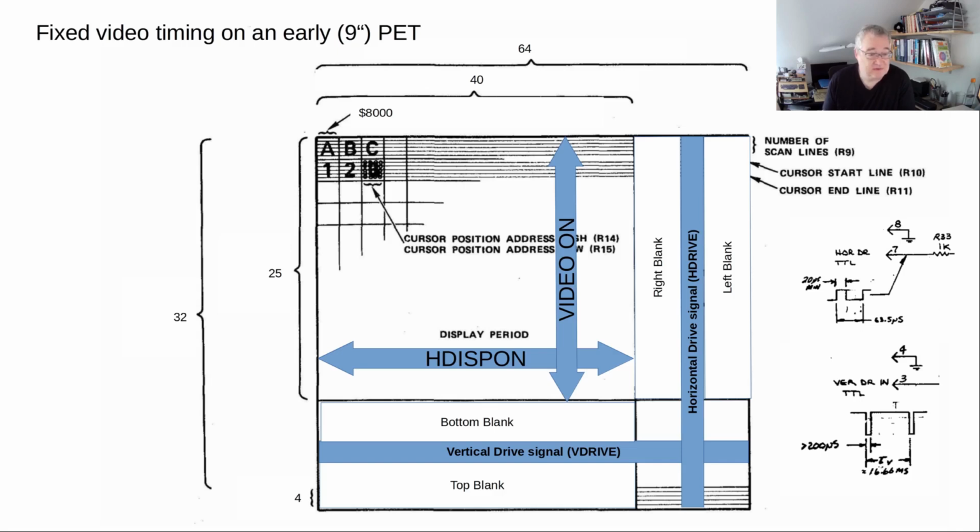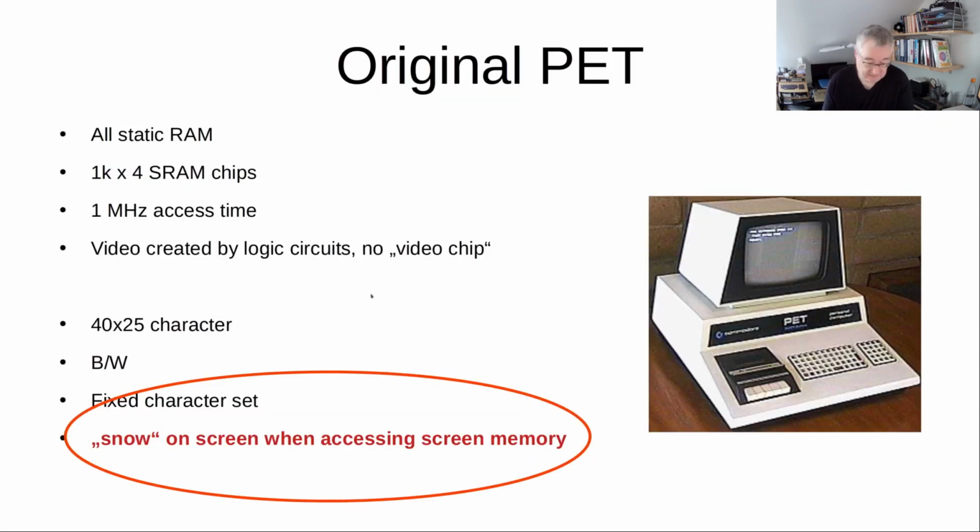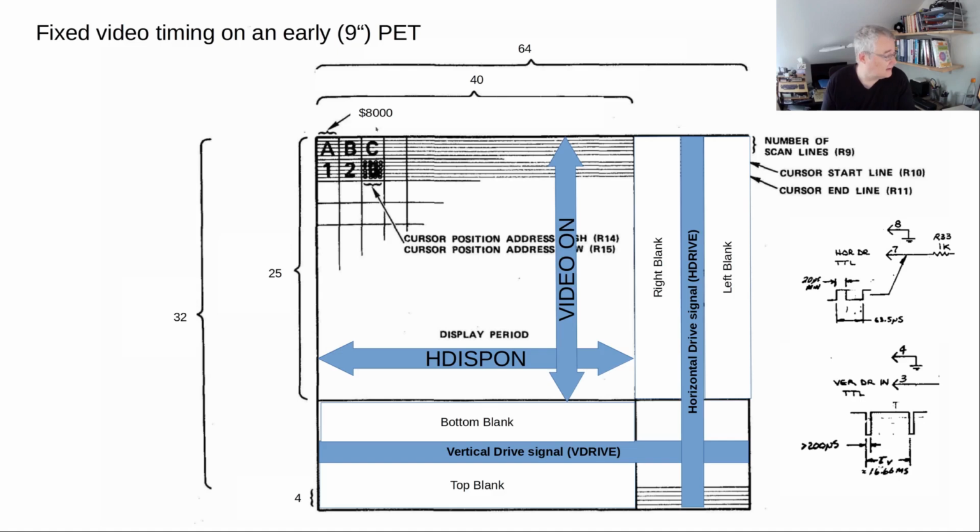So if you look at that in more detail later, you can see that the horizontal drive actually starts somewhere here, and then moves on and actually ends somewhere here where already something is displayed.